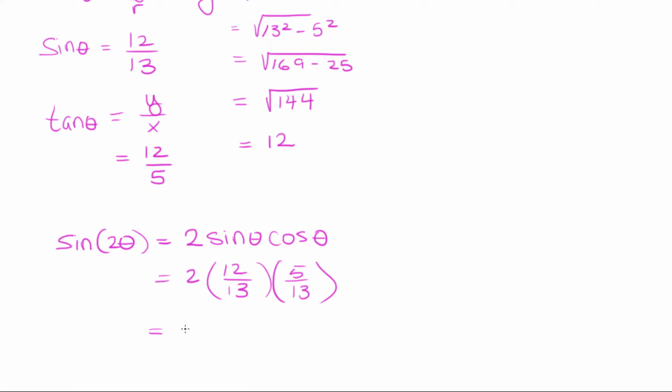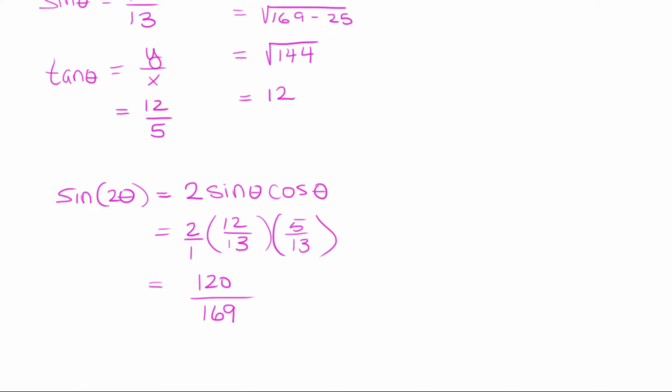That's equal to, well, we can make 2 into a fraction. We multiply. So we got 2 times 12 times 5, which is 120. And 13 times 13 is 169. And that will be sine of 2 theta.